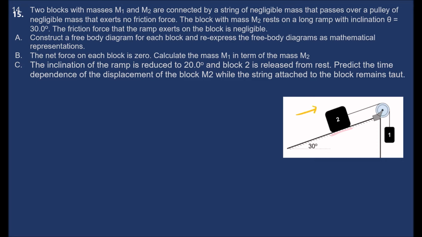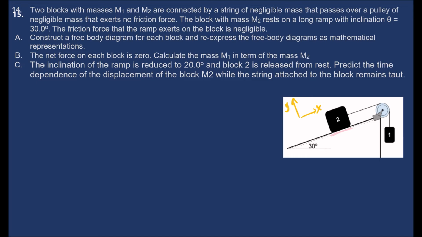If there's something on an incline, this is good practice: make the parallel to the incline your positive x direction, and perpendicular to that incline your y direction. That'll just make things easier on you, because if this block is accelerating, it's going to be accelerating in this x direction.